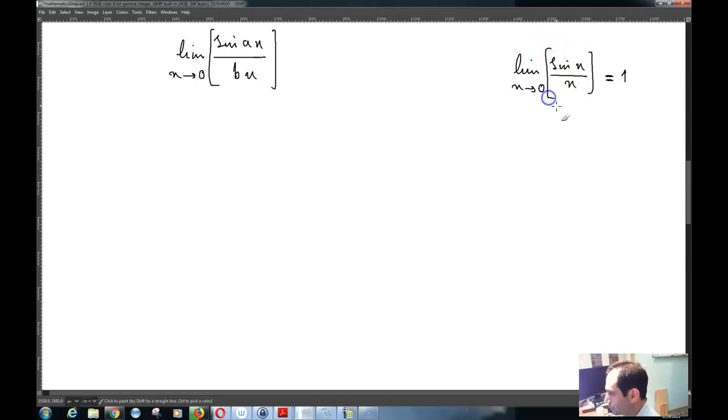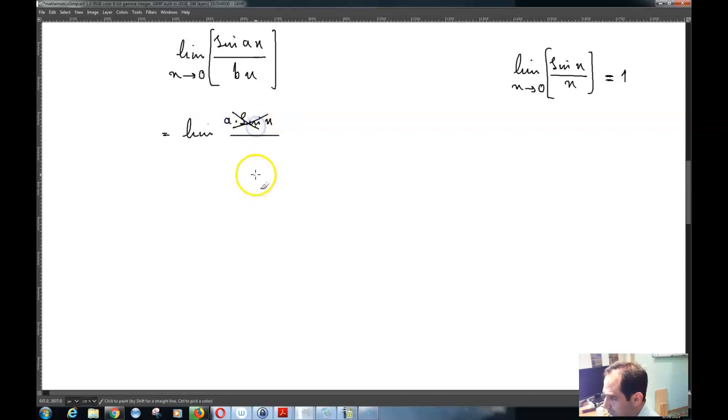Now I can rewrite this. You see that over here ax is the angle, and a is a part of the angle, meaning that I cannot write this as, for example, the limit of sine x times a.